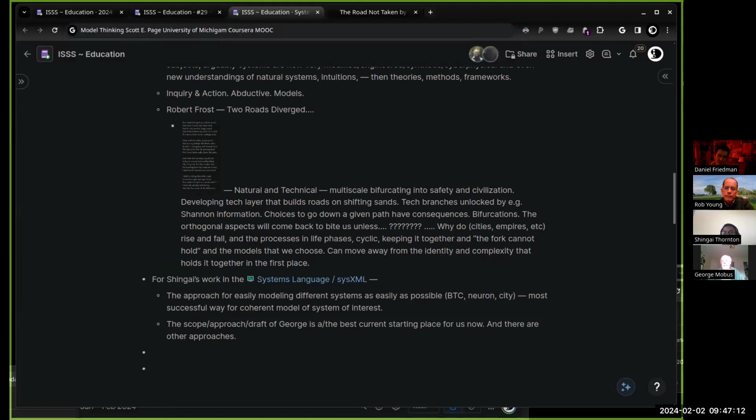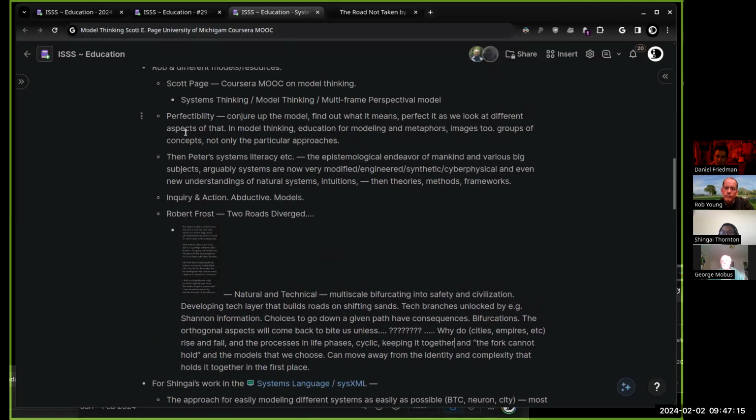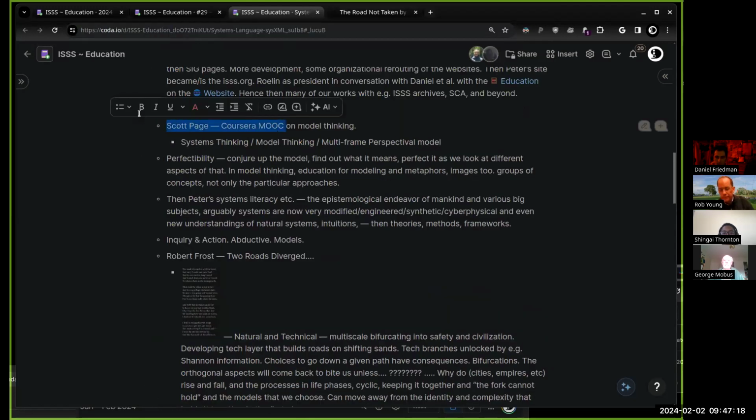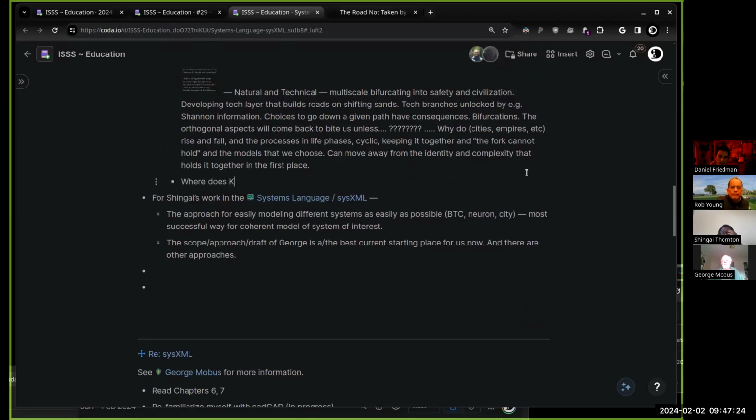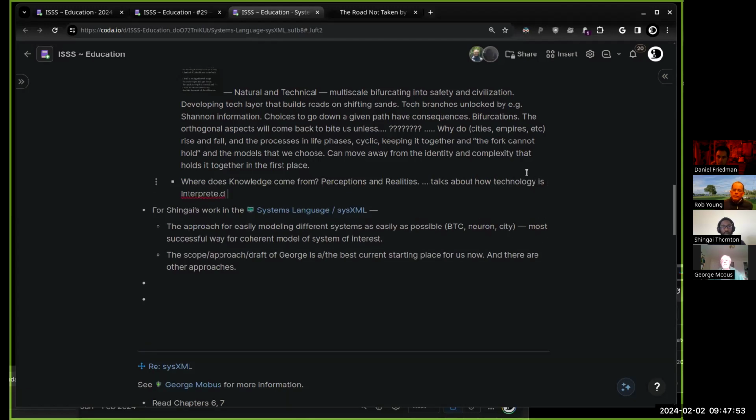So I have a comment on that. There's the question of where knowledge comes from, and the difference between perceptions and realities. It's hard to put this in a concise form, but Don Ihde talks about how technology is interpreted. I think he uses the term hermeneutics.